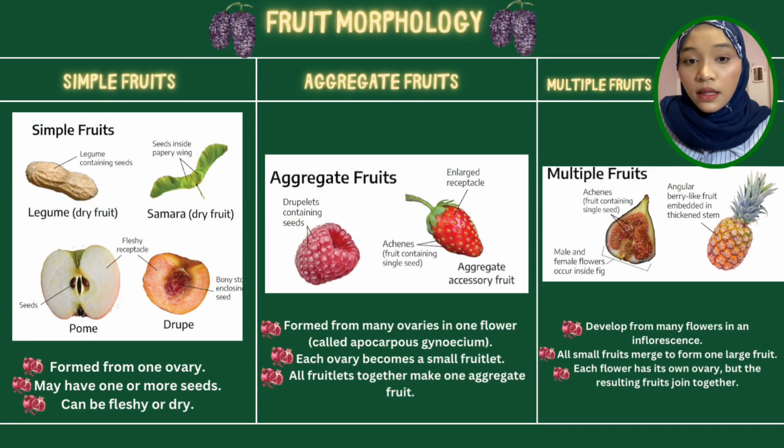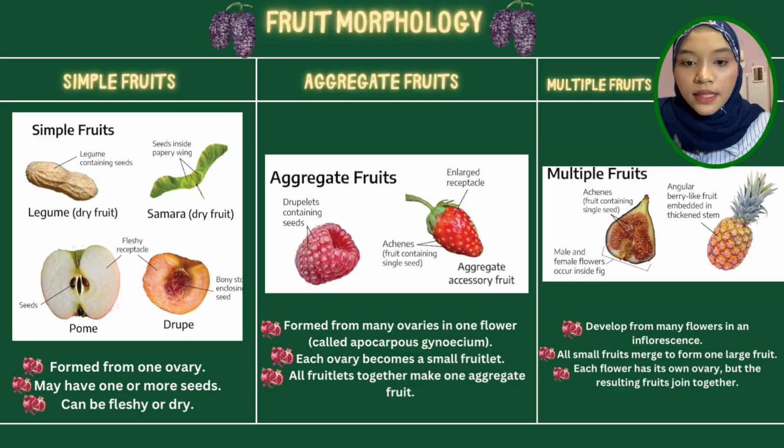Fruit morphology. There are three types of fruits. The first one is simple fruits. They develop from a single ovary of one flower. Examples of the fruit are mango and peach. They can be dry or fleshy.